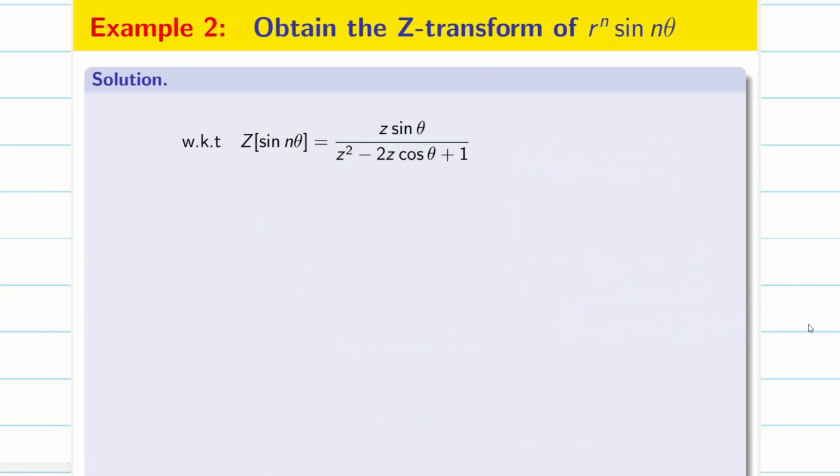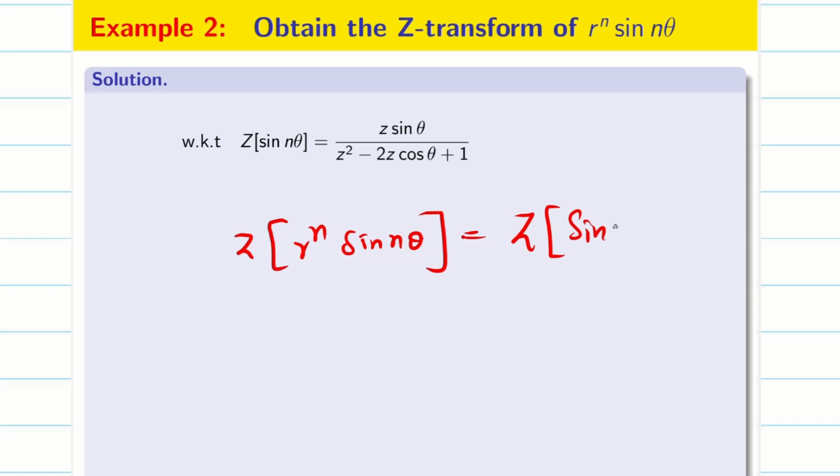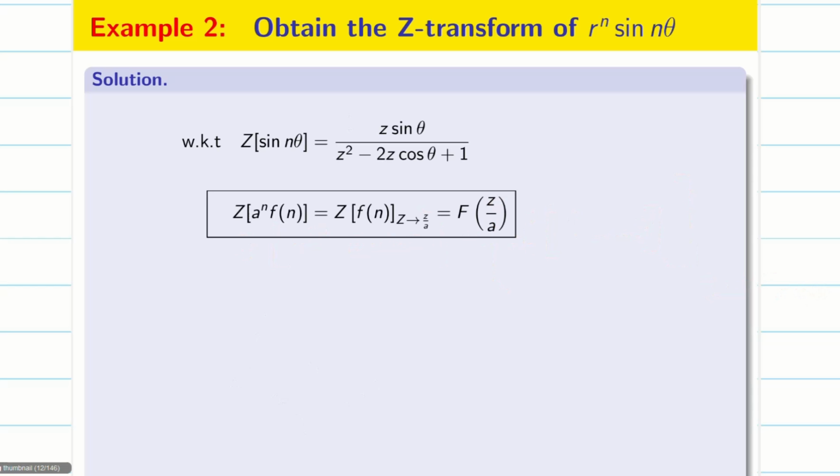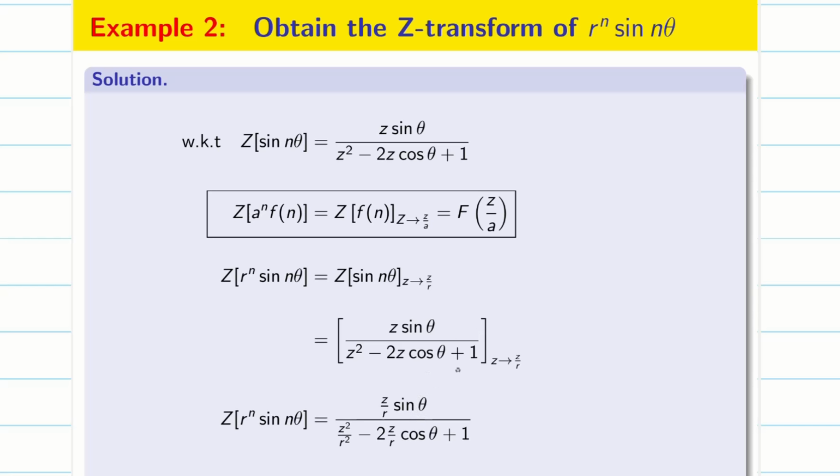Similarly, if they ask you to find Z of r power n into sin n theta, the same procedure. We have to write by first shifting theorem. It is going to be Z of sin n theta where Z is replaced by Z by r. Now when you replace this, we will be getting Z by r sin theta. When you take LCM, the numerator is Z sin theta by r.